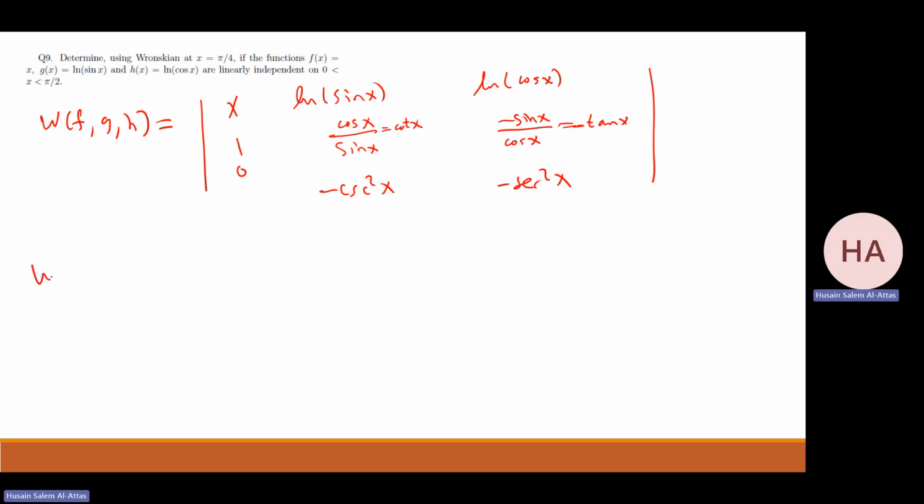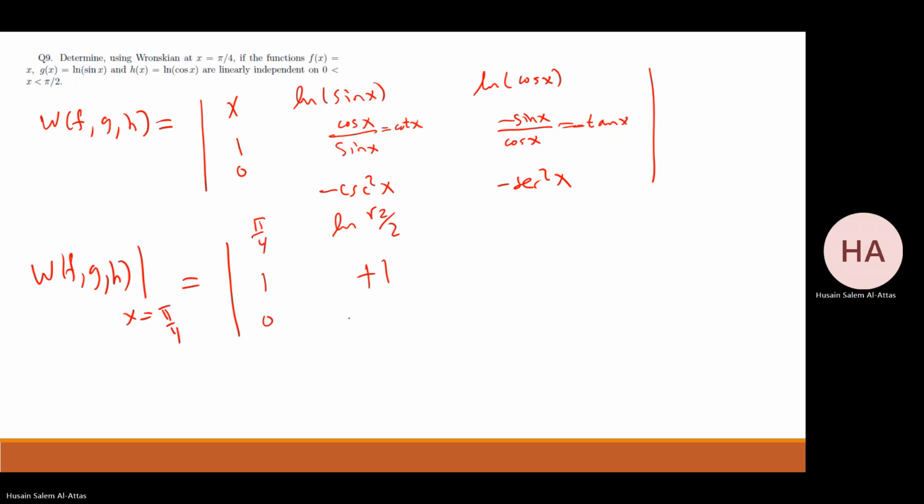Now we need to find the Wronskian. He said to do it at x equal pi over 4 and see what will happen. X equal pi over 4: 1, 0. ln sine pi over 4 is ln of square root 2 over 2. Cotan pi over 4 is plus 1, sorry.